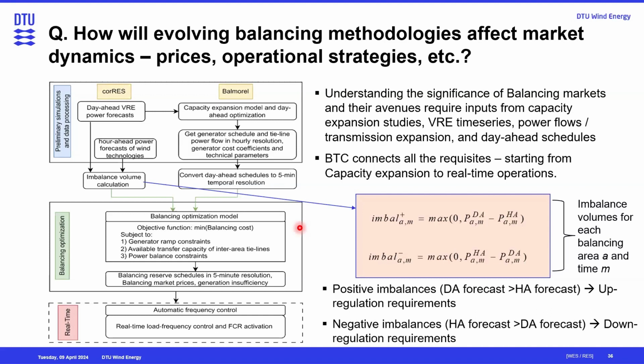And based on this, you develop a balancing optimization model, which is basically a mixed integer linear programming model, where you try to minimize the balancing cost based on the available ramp up capacity or the ramp up generators like we showed before, subject to ramp constraints, subject to transfer capacity of inter-area tie lines, and of course you need to meet the power balance constraint.